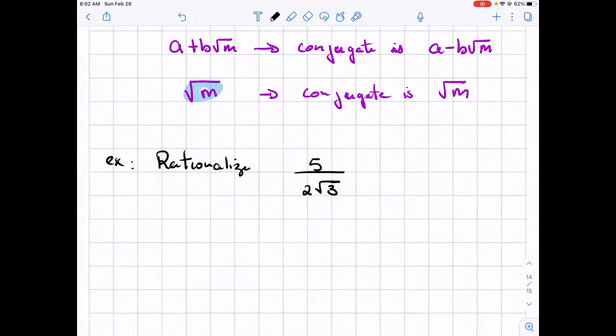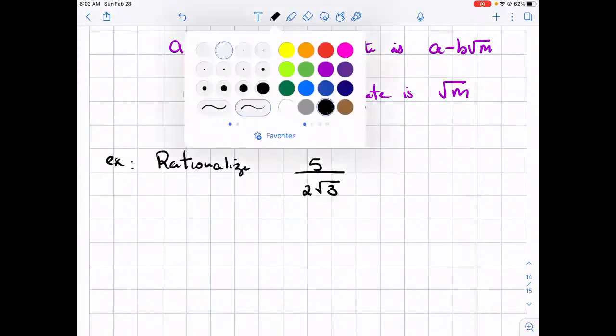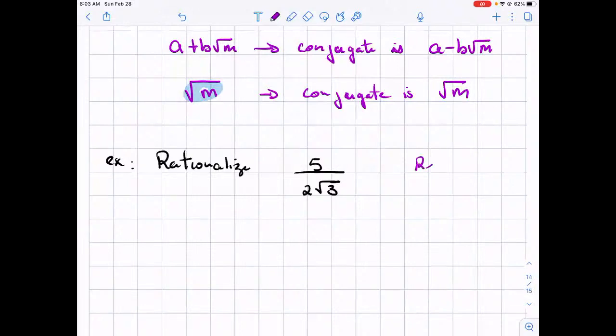So you have to recall square root of a, or a to the 1/2 power.